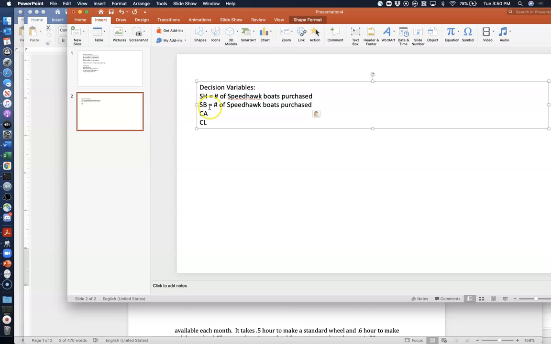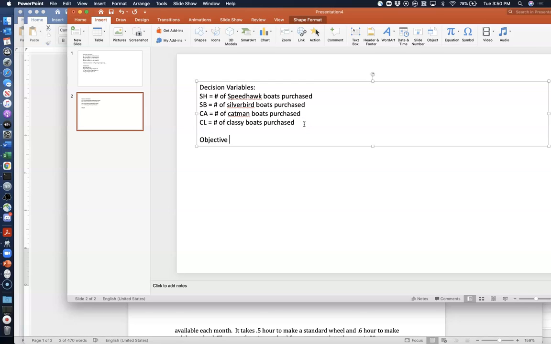So number of Silverbird, number of Catman, and number of Classy boats purchased. So these are the 4 types of boats, and the decision variable will be the number of each of the boats purchased. And the objective here is to maximize the expected daily profit.